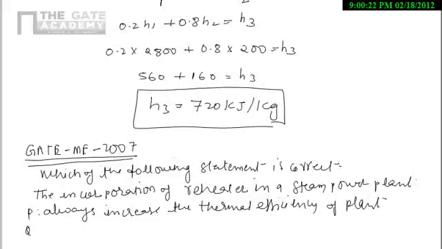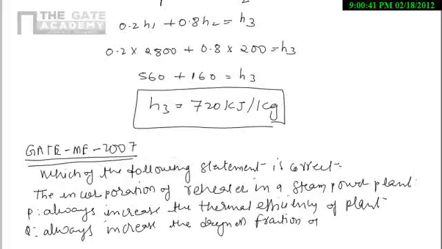Q: always increases the dryness fraction of steam at condenser inlet.